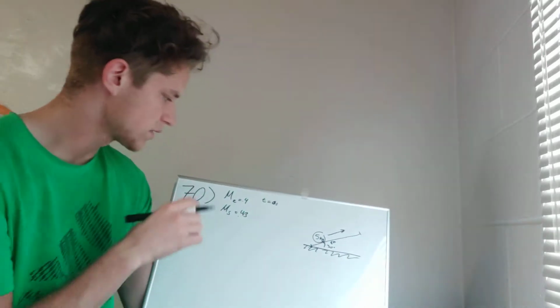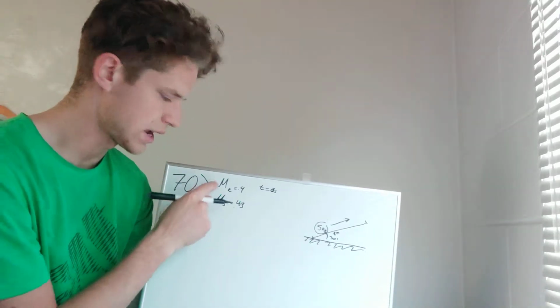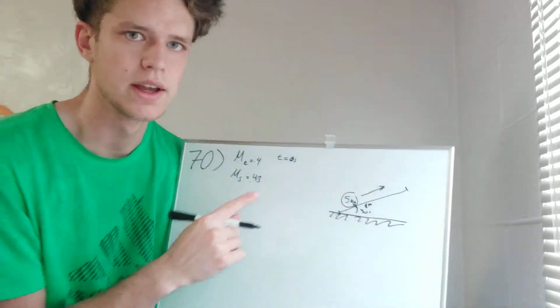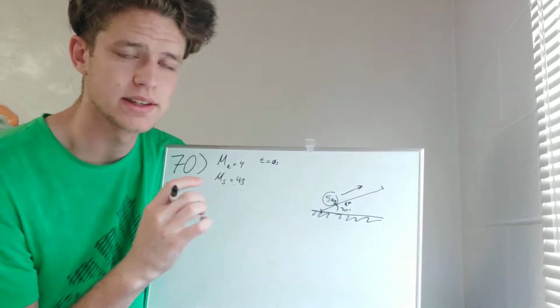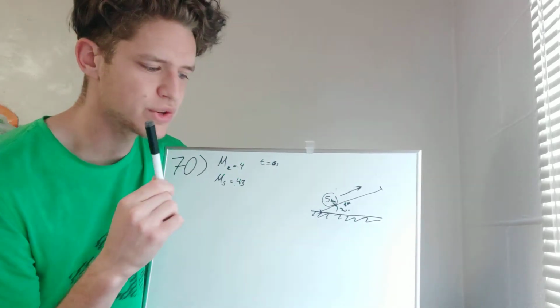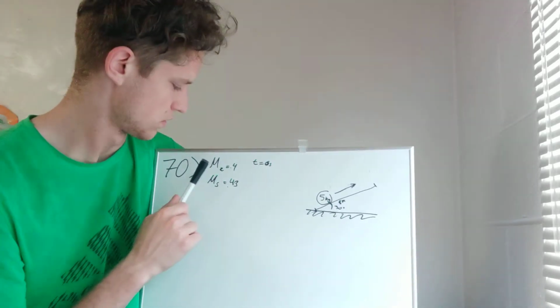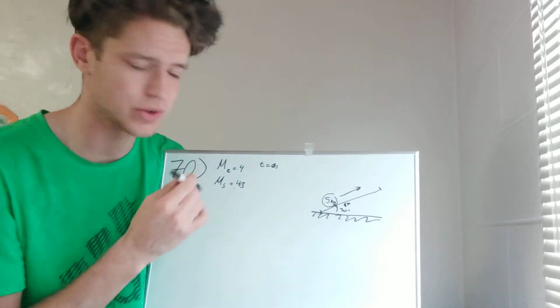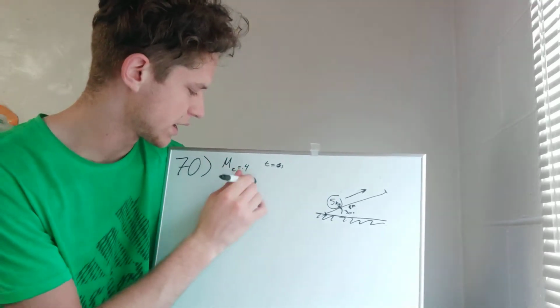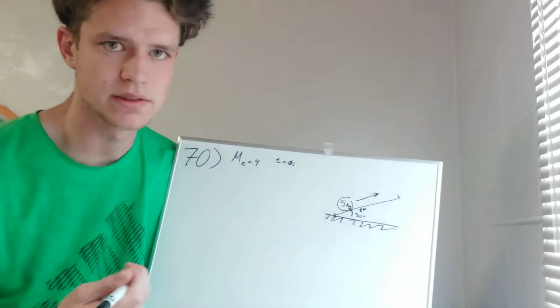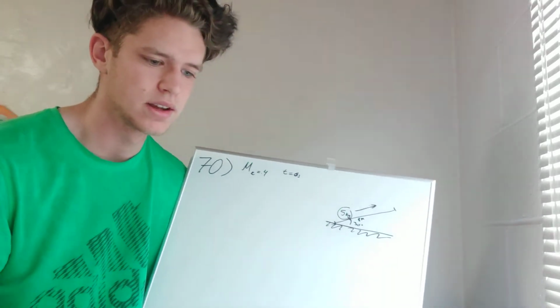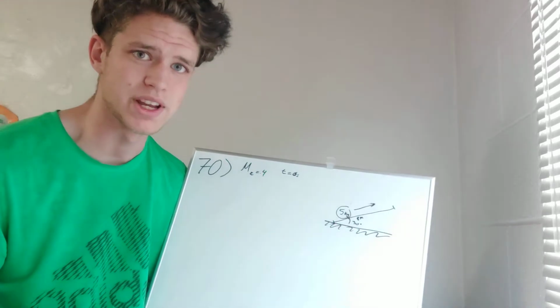So for this one, it gives us the coefficient of static and kinetic friction. They're very close together. It also asks us to do it in exactly 6 seconds. So I'm going to just ignore static friction because they're close enough together that it's unlikely to matter. To move 8 meters in 6 seconds is more than a meter per second.